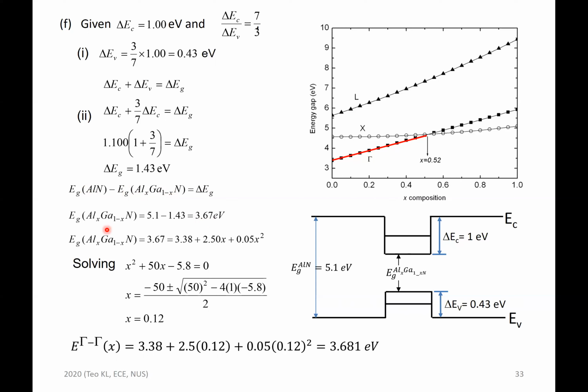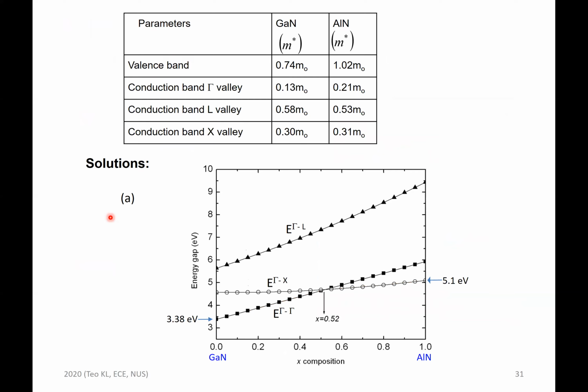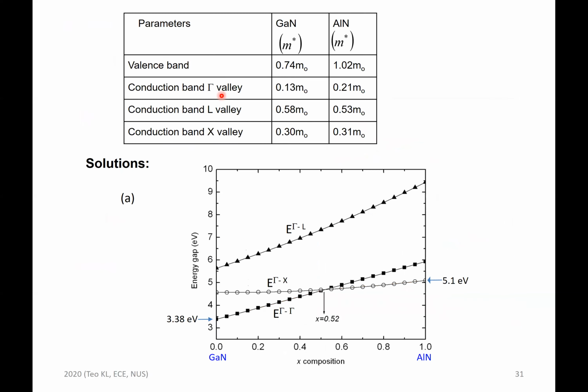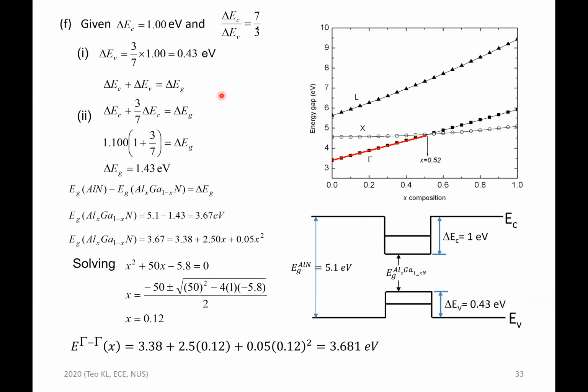Now, as mentioned in the question, you want this band gap to be a direct band gap. Therefore, I would take this equation, since this equation governs the direct band gap of aluminum gallium nitride, because the question asks for the direct band gap.